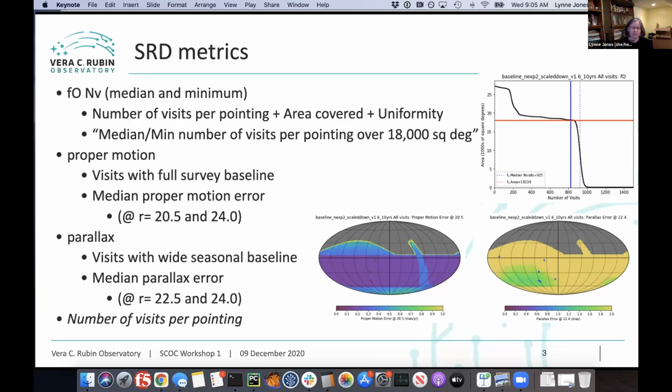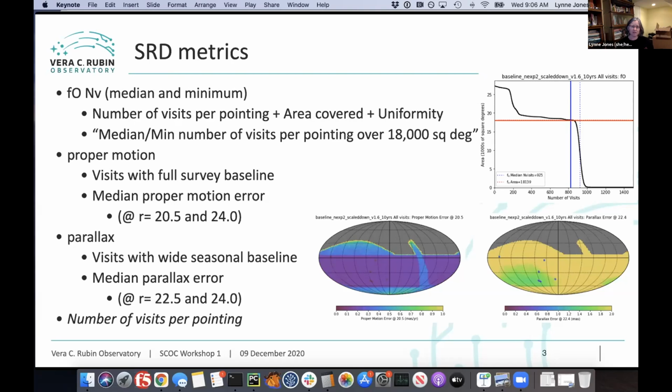Then in the SRD, there's a requirement on what the proper motion errors are. Here we look at the median proper motion error at a couple of magnitudes. And then we have the parallax error. This is driving towards visits with a wide seasonal baseline.